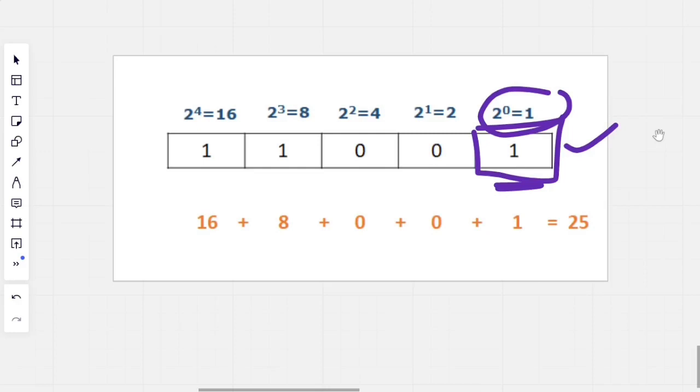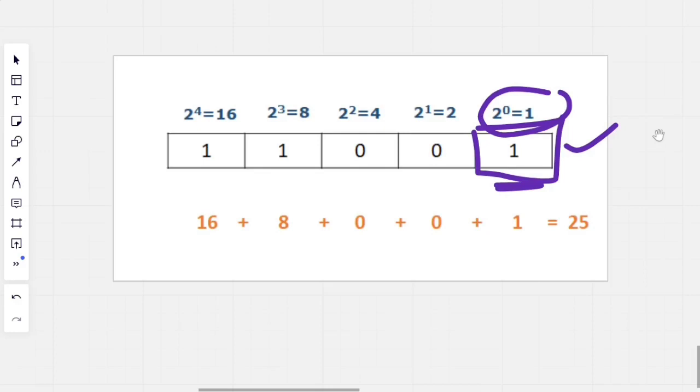Why are we taking only 2 to the power 0? Because 2 means we are in the binary system, right? We are converting from binary to decimal, so that's why 2 raised to power something. For the first box, we have 2 raised to power 0, and anything raised to power 0 is 1. So the weight of the first box is 1.